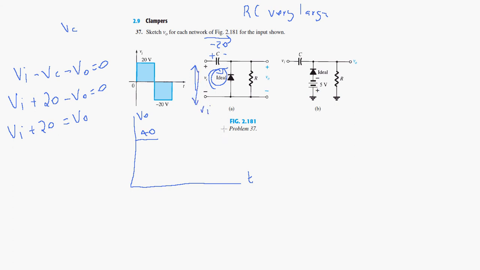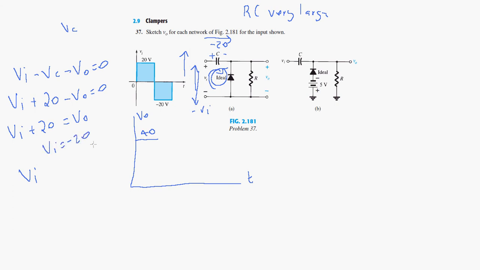If we look at Kirchhoff's law in this case, we have VI, and then the voltage here, V naught. Actually, let me do this as minus VI. So we go in this direction here. We have VI here, which is going to be a negative voltage, so VI is equal to minus 20.